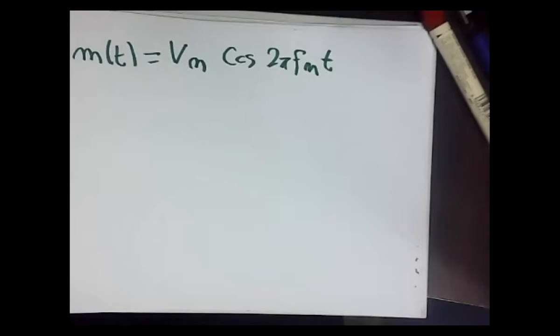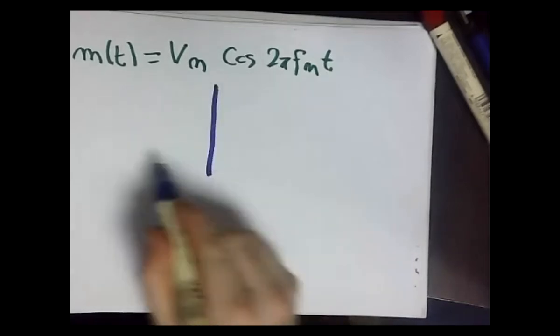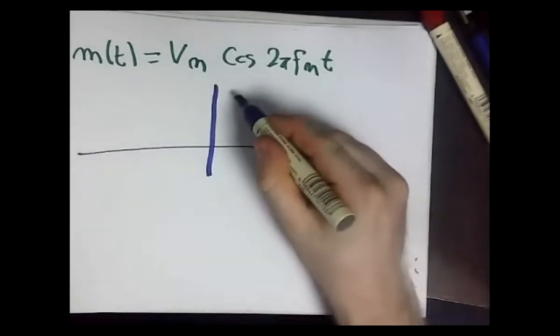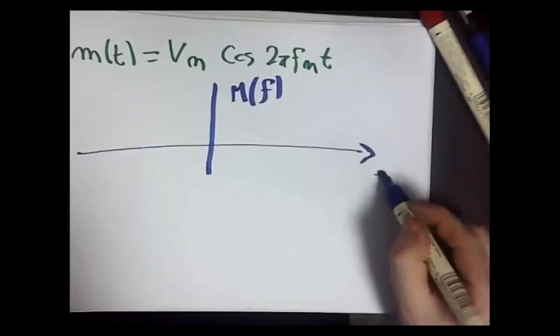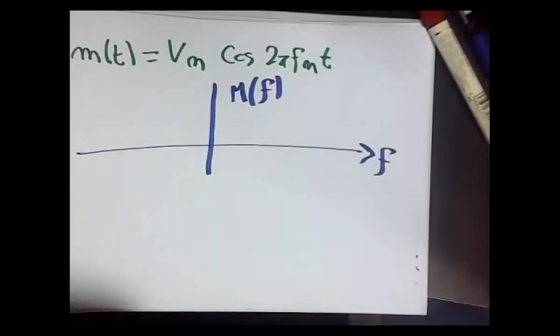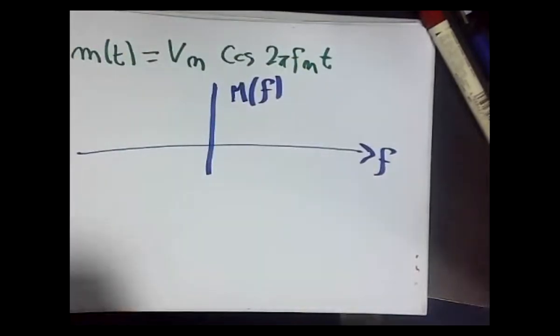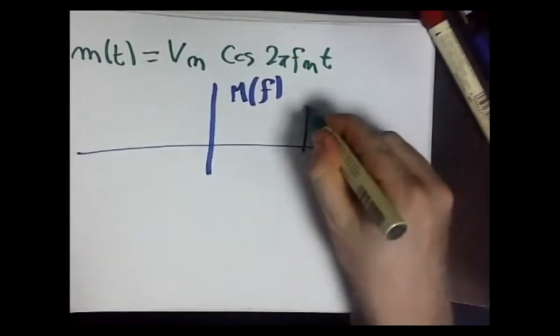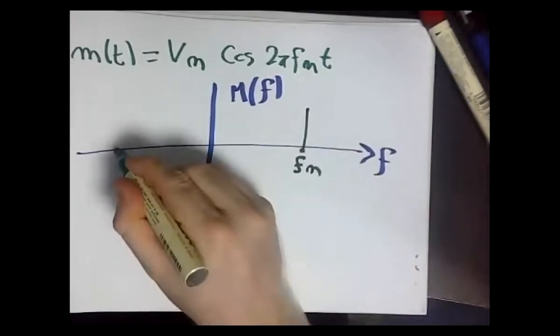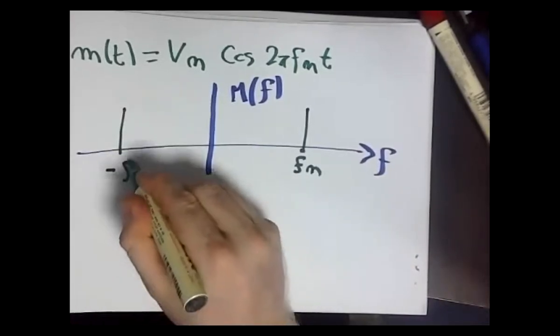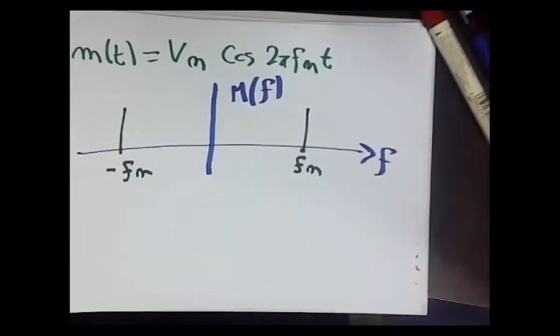So this is M(f), and this is the f-axis. We have a delta Dirac at the frequency f_m, and another delta Dirac at the frequency minus f_m.